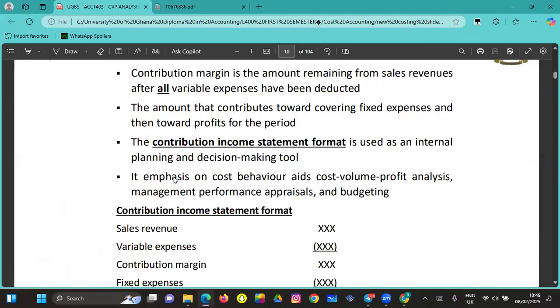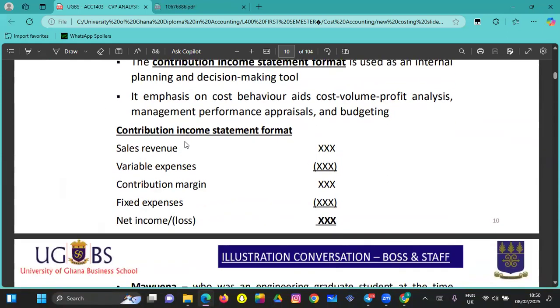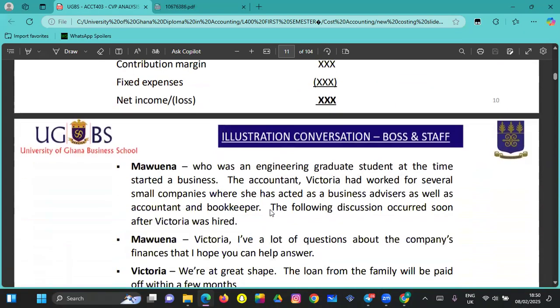Its emphasis on cost behavior aids cost volume profit analysis, management performance appraisal, and budgeting. It's basically the same as the marginal costing income statement, right? So sales volume, less variable cost, then we get our contribution margin, then we less fixed cost, then we get net income or loss.